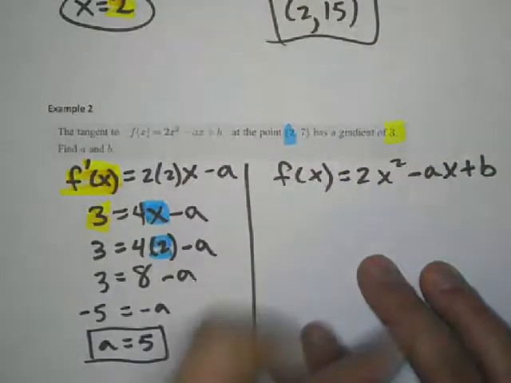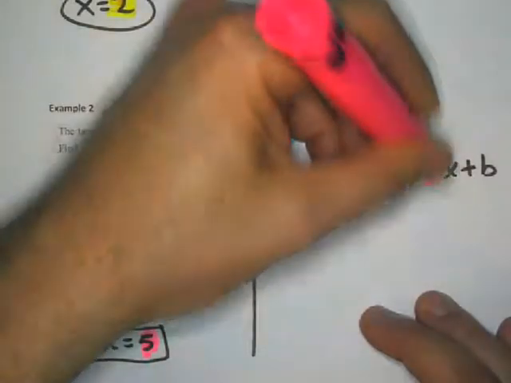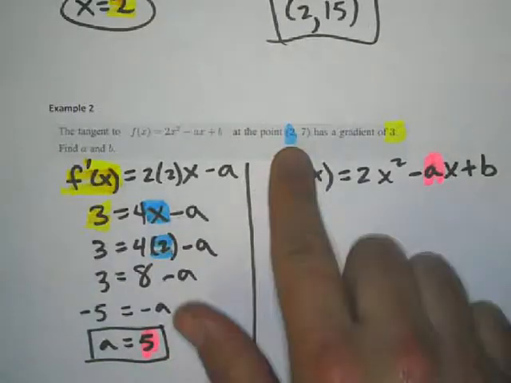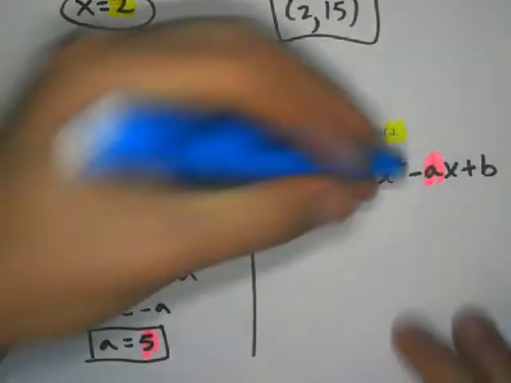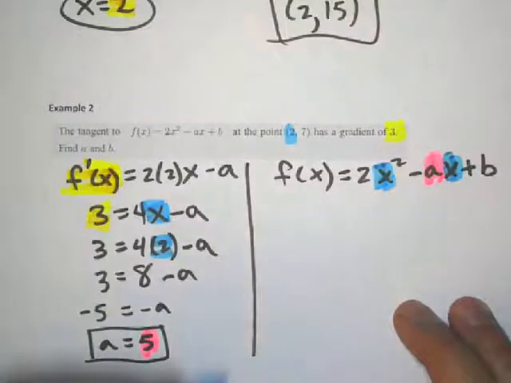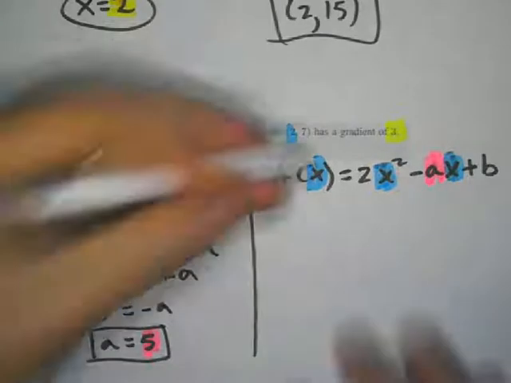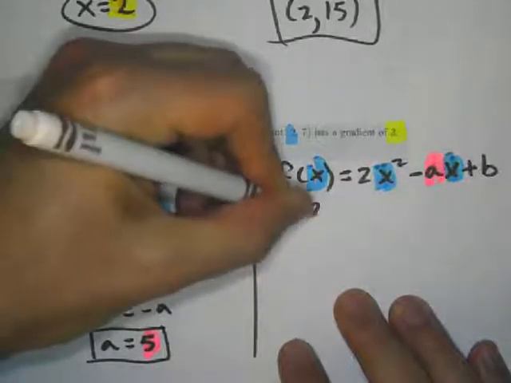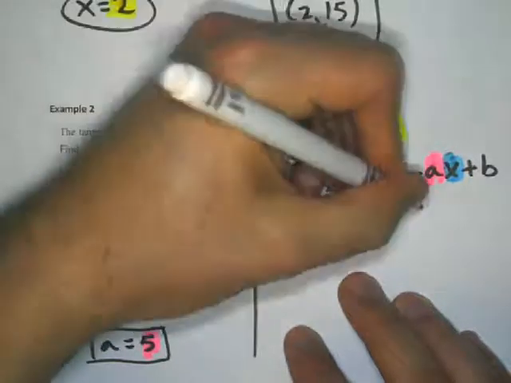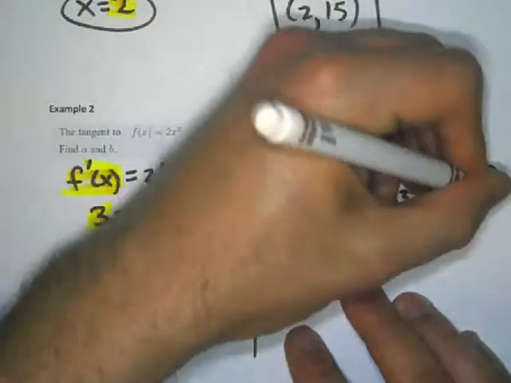We know that a is 5, so I'm going to replace a with 5. And at the point when x is 2, I'm going to replace x with 2. So now I've got f of 2 equals 2 times 2 squared minus 5 times 2 plus b.